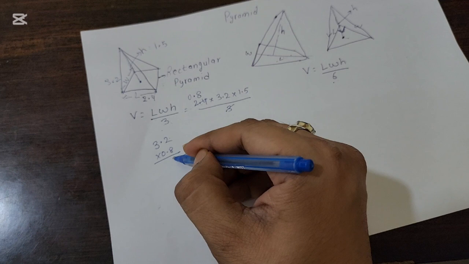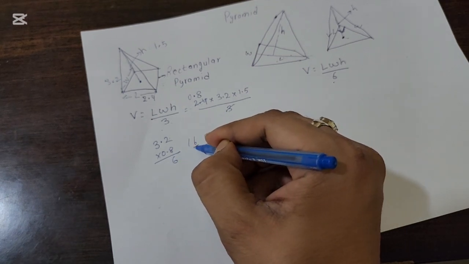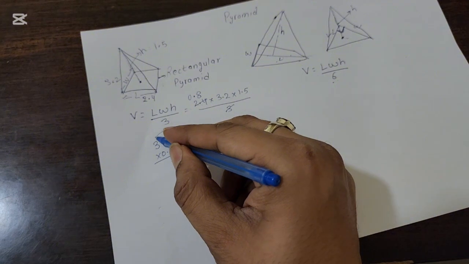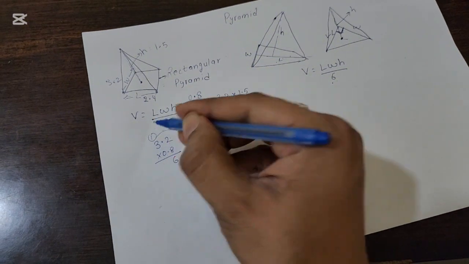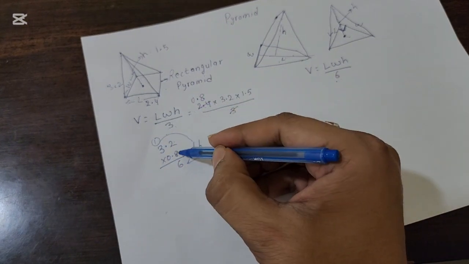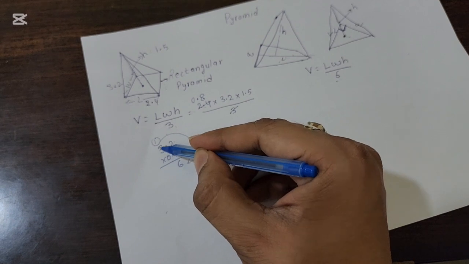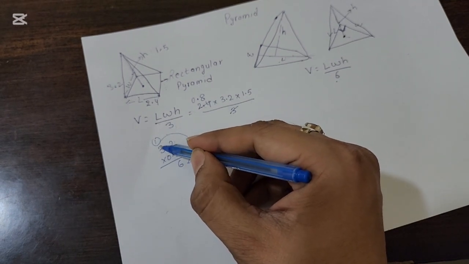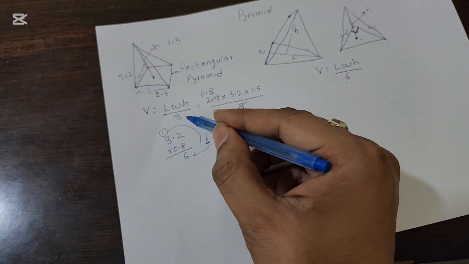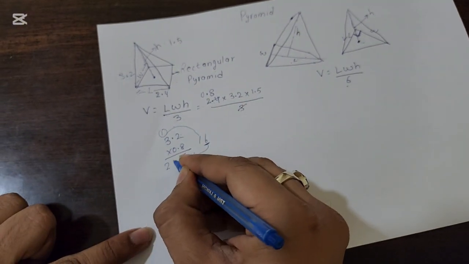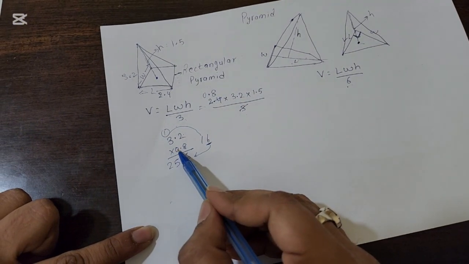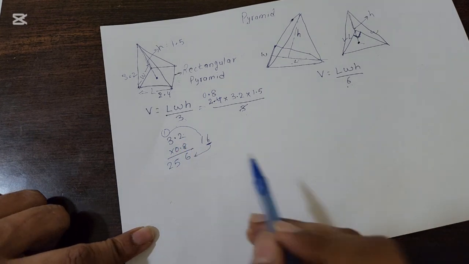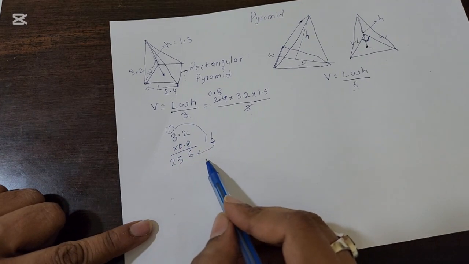8 times 2, 16. The last number will come down and the other number will go up to the next number here. Remember this. Now 8 times 3, 24. Whatever comes, add it to this number. 24 plus 1, 25. So I will write here 25. No need to multiply with the 0, because 0 multiplied by anything gives you 0 only. Now the question is, where should I put the point?